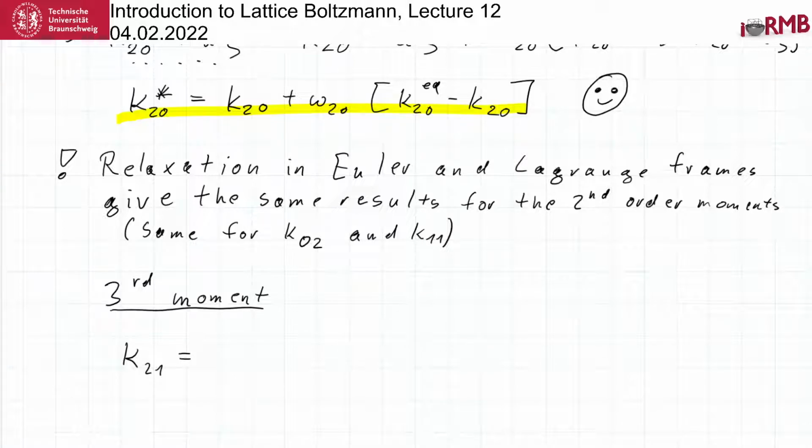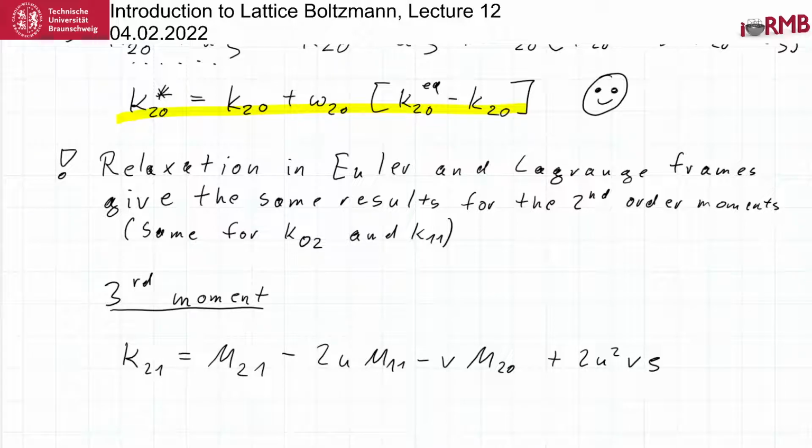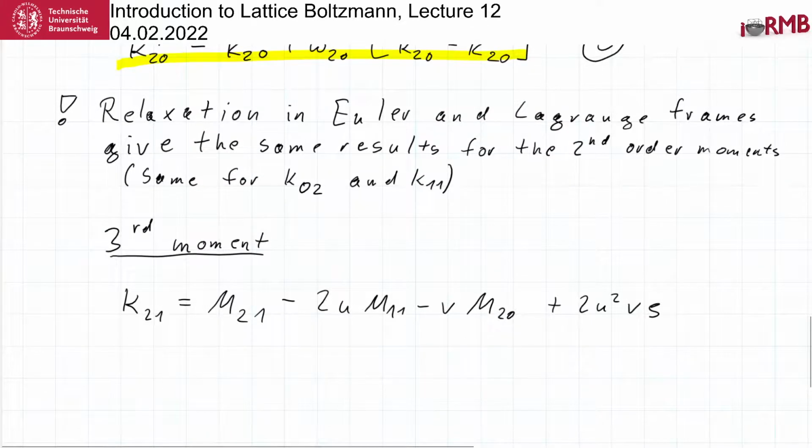K21 is, if we plug it into the transformation, m21 minus 2u m11 minus v m20 plus 2u square v rho. So I hope this is correct.